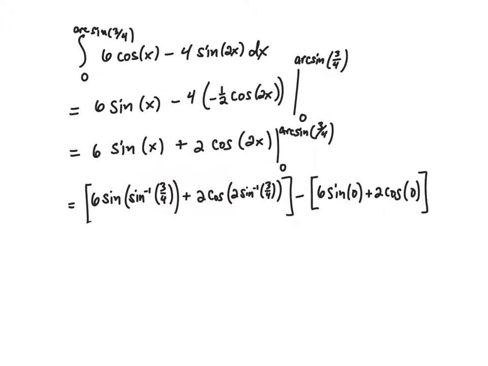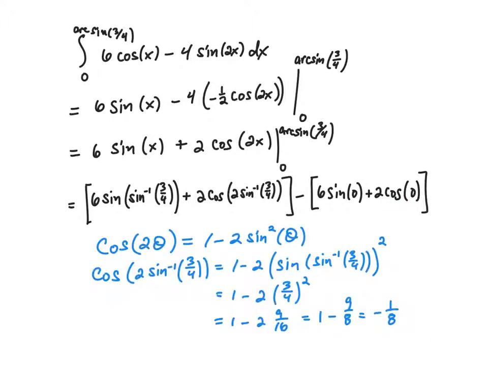Okay, we got that. Now I take the arcsine of 3/4 and plug it in for x: 6 sine, plus 2 cosine of 2 times the angle here, inverse sine, or arcsine of 3/4. I use the shorthand notation to save myself some space. And then we plug the 0 in. So 6 sine 0 plus 2 cosine 0.